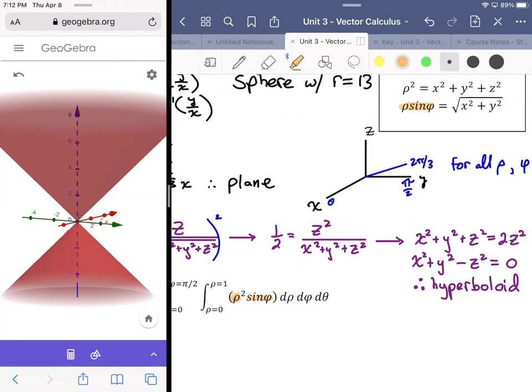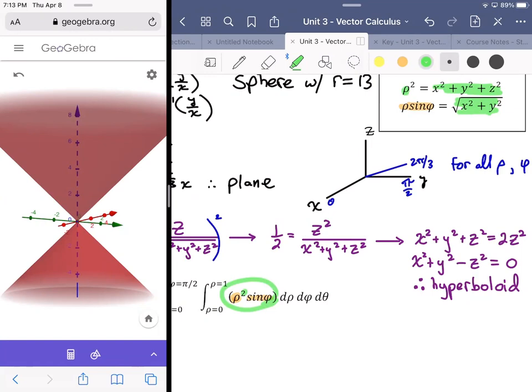But then I'd have to multiply it by another rho, which is the square root of x squared plus y squared plus z squared, in order to get a rectangular equivalent of that.